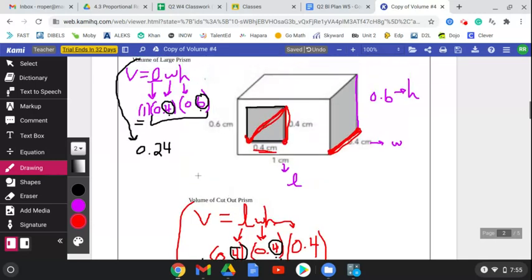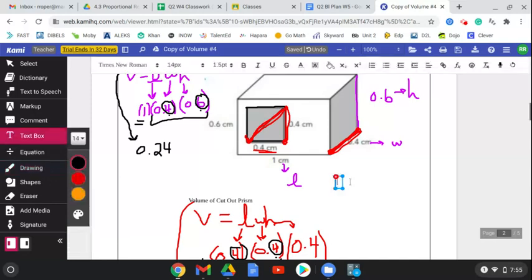Okay, so to get the volume of the figure with this cut out, I need to take volume of large prism minus volume of cut out prism, because that prism has been taken out. So of course it's no longer there, and if I've taken it out, I need to subtract.